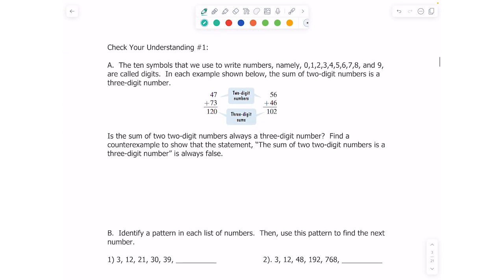Okay, let's take a look at a couple examples. So what I would like you to do is pause the video and read through the problems, and you can try these on your own and then unpause it when you're ready and we can review them.